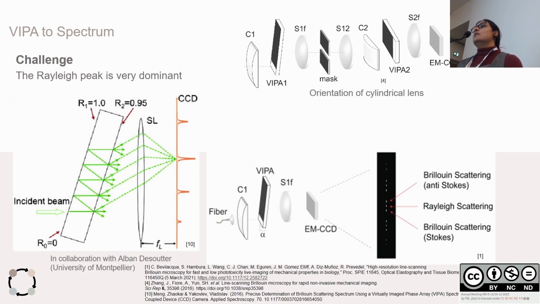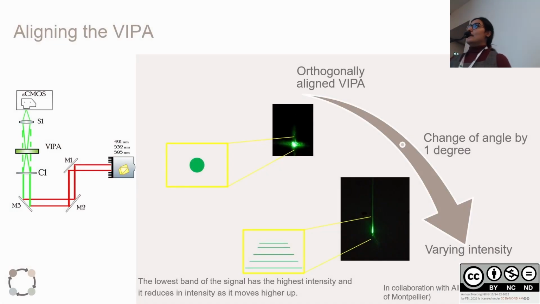And in the camera, if I use two VIPAs, as seen in this figure, I would be getting points. So in this, I have the Rayleigh scattering, the Brillouin anti-Stokes, and the Brillouin-Stokes. But if I use a single VIPA, I'm going to see lines. So I'm going to see one line in the middle for Rayleigh scattering, and on either side the Brillouin-Stokes and Brillouin anti-Stokes.